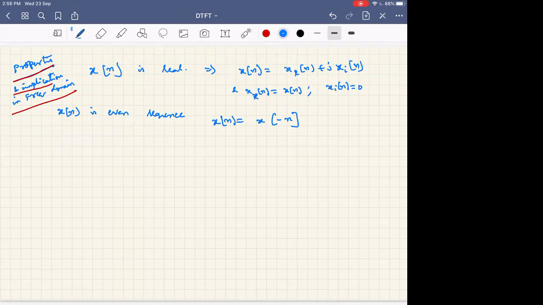Fine. Now say I give you some sequence x of n equal to u of n plus j times delta of n. Assume that I have given this sequence. Find the even part of x of n.